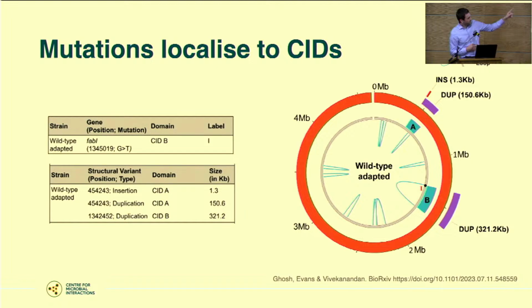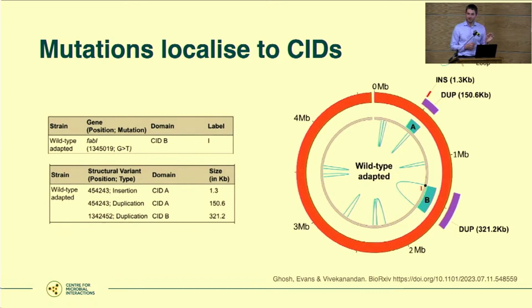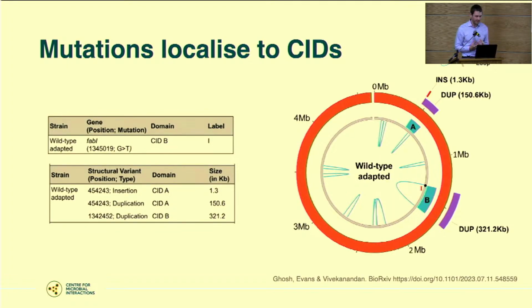The insertion is a little red arrow, and the little I above the blue B box, that's the SNP. All of them were found in one of these chromosome interacting domains. So all of the changes happened in those domains, and therefore that 3D chromosome structure seems to be linked intimately with where they're changing their structure, where these mutations are happening.